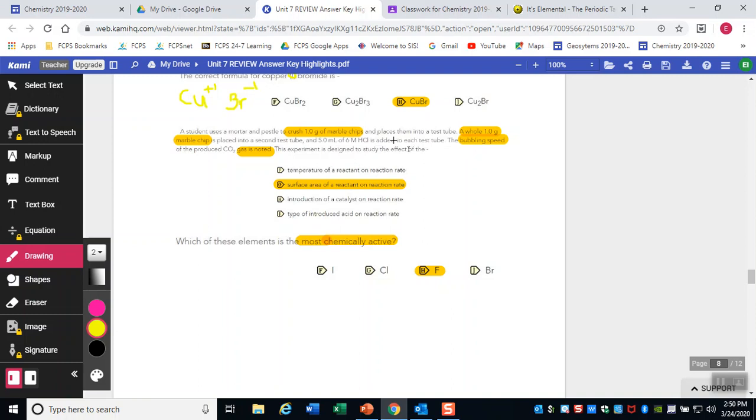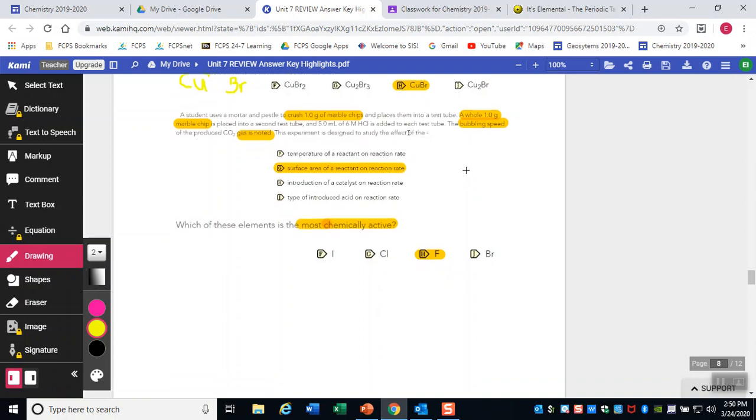That's a constant, same amount of acid. The bubbling speed is noted. So what you're measuring is the bubbling speed. So that's your dependent variable, all right? The experiment is designed to study the effect of the, and so what did we do? What was different? All right, this is the dependent variable, the bubbling speed. What was different was some was crushed and the other test tube had a whole one.